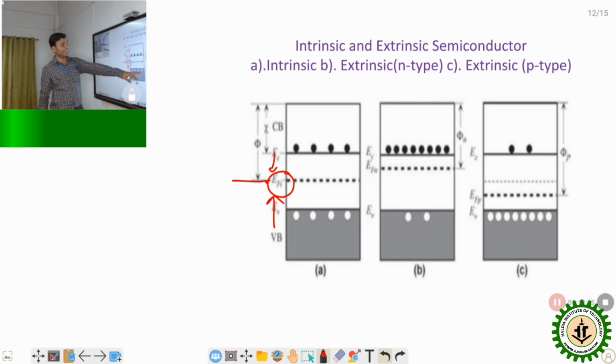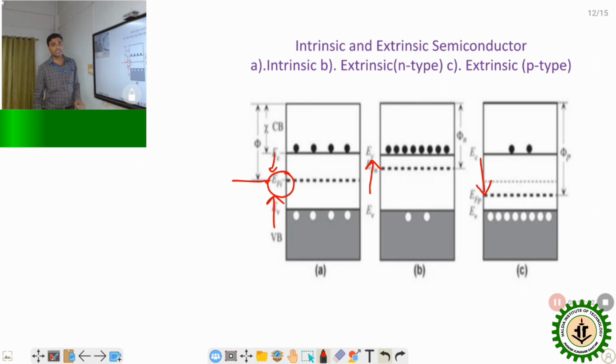For n-type, the Fermi level is towards the conduction band, and for p-type, it is towards the valence band. So it is clearly seen that the concentrations of electrons and holes differ, and the Fermi level also changes.